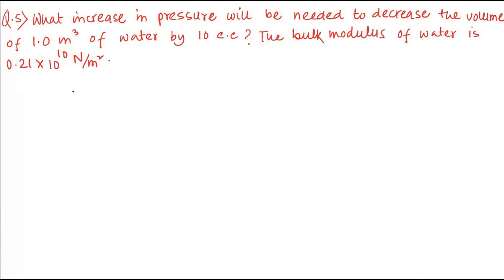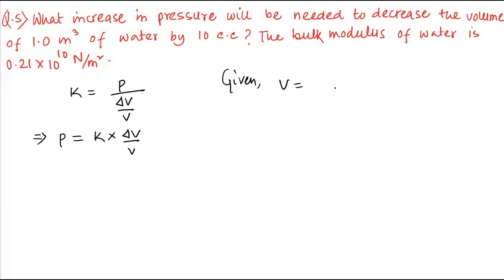Now we know that bulk modulus K is equal to P divided by delta V by V. So from here, pressure is equal to K into delta V by V. Now here in this question, the volume is given. So the given data are V is equal to 1 meter cube. Delta V is given, which is 10 cc. That means 10 cubic centimeter.